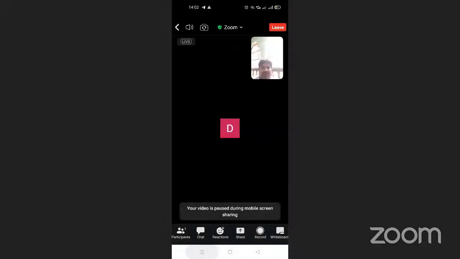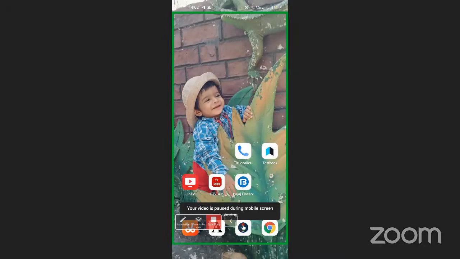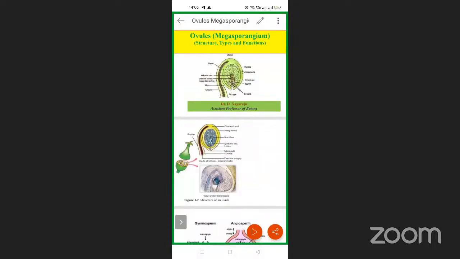Now, today we will discuss megasporogenesis and the megasporangium, or ovule. Okay. Today we will discuss the megasporangium. Megasporangium is nothing but the ovule.